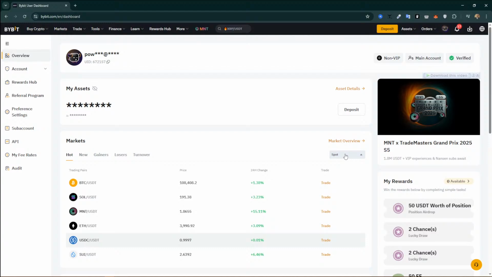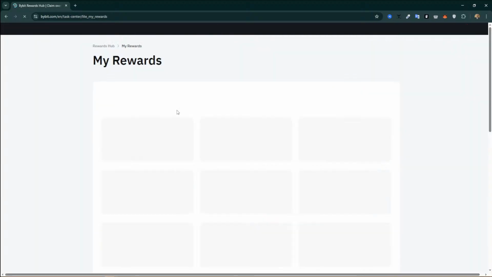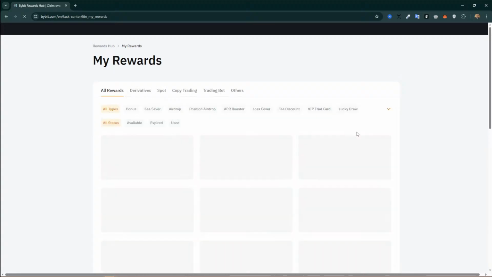When we talk about spot trading, we talk about crypto trading. So we have the rewards hub, and in most cases, it includes things like daily check-ins. You log into this app daily, and you find some tasks to complete, and you earn some rewards. It's about the rewards hub.